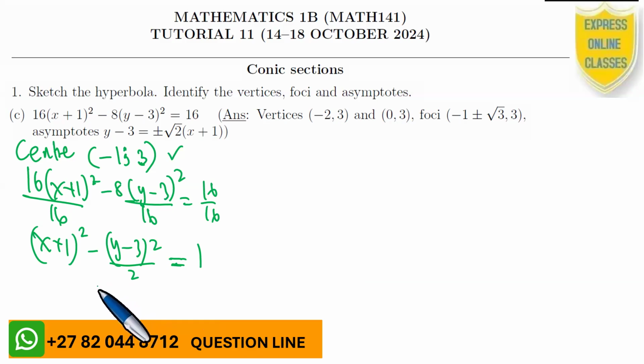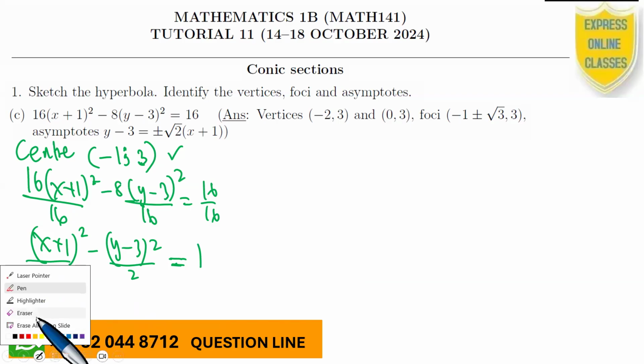So now, because there's nothing here, you can write it as 1 squared. So a is 1 squared.